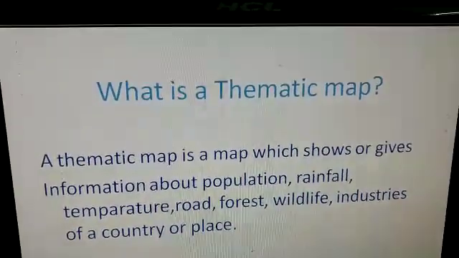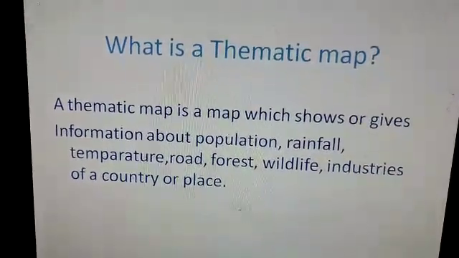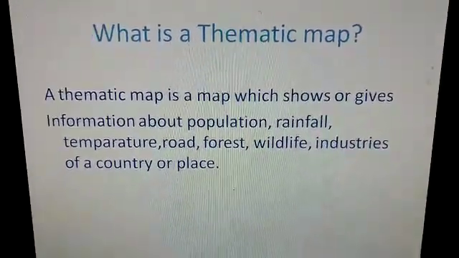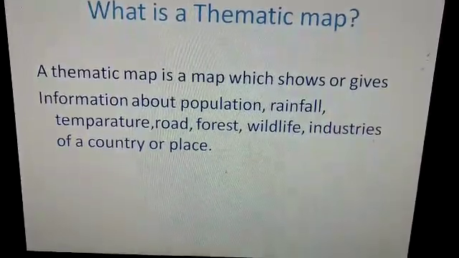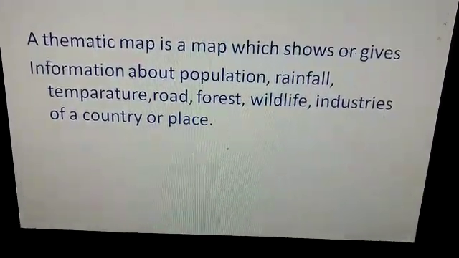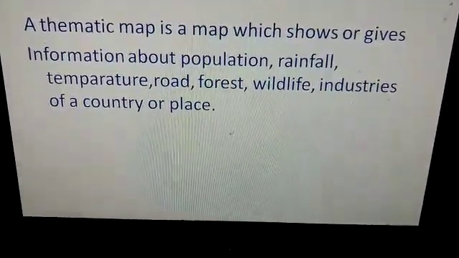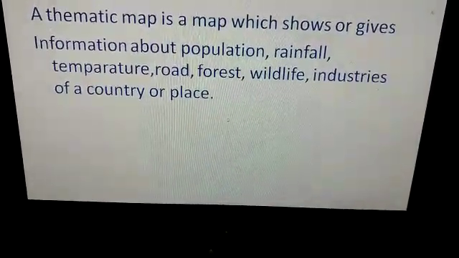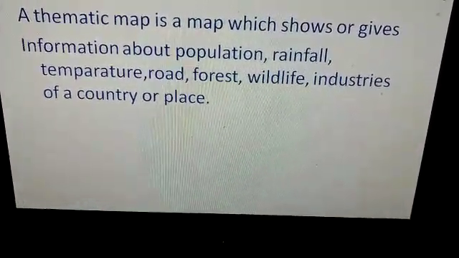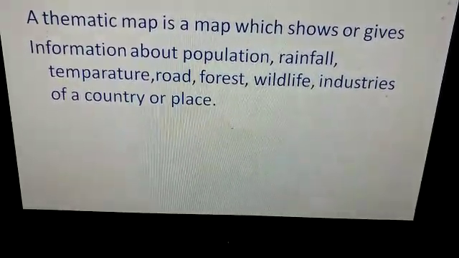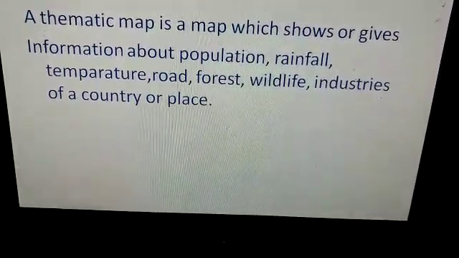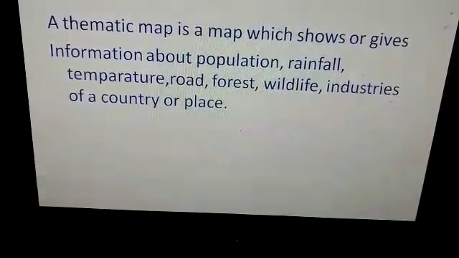What is a thematic map? A thematic map is a map which gives information about population, rainfall, temperature, roads, forests, wildlife, industries, etc. of a country or a place.